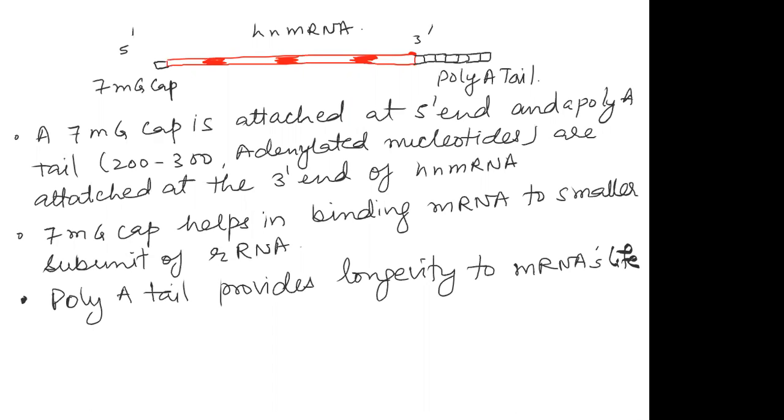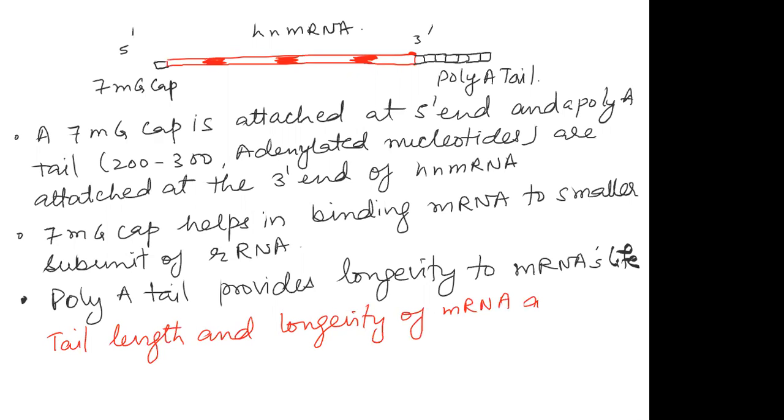So for that, this poly A tail will be there to increase the life of mRNA. And it is the length of the mRNA that will be deciding its life. Tail length and longevity of mRNA are positively correlated.